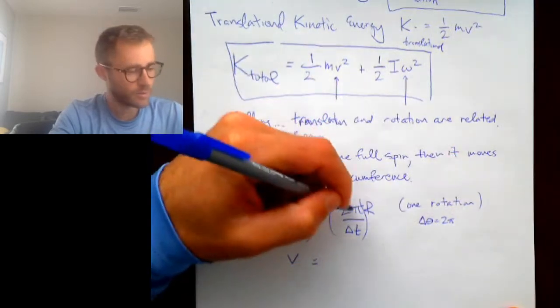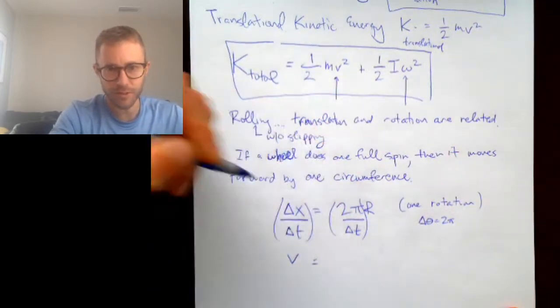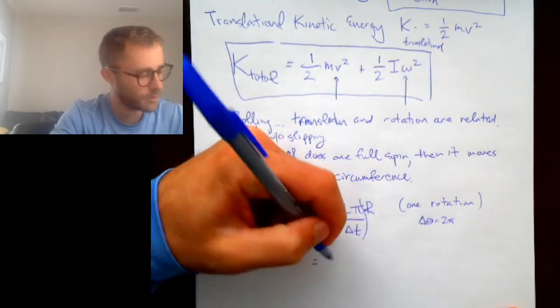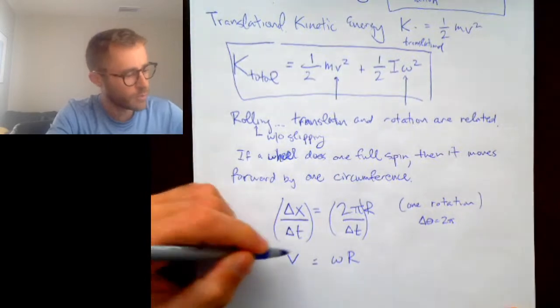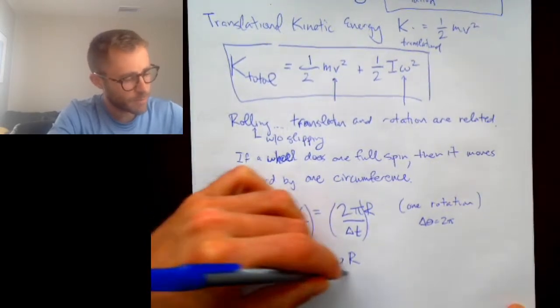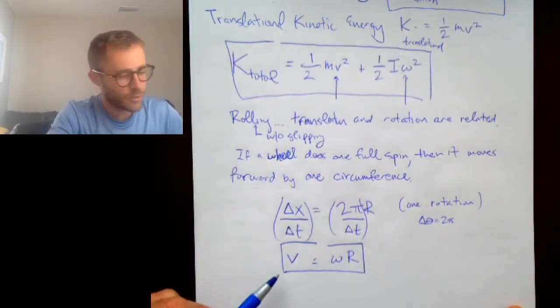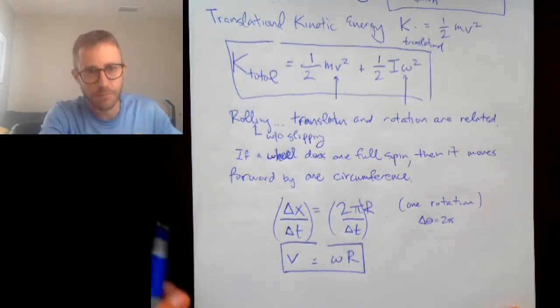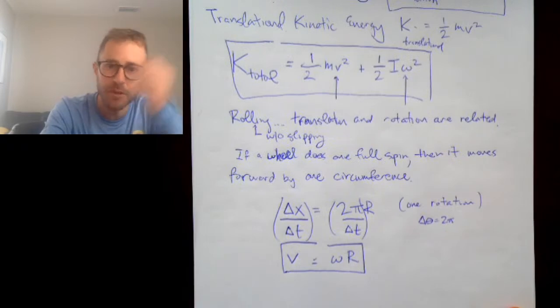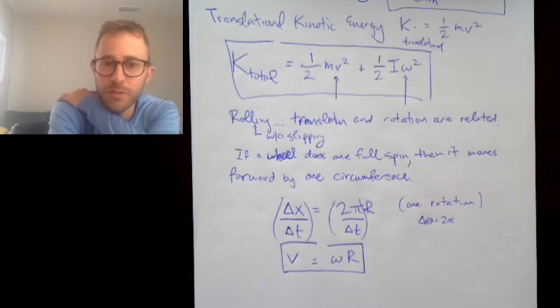Okay, so this is delta theta over delta t, so that's omega, the angular speed. All right, so when something is rolling without slipping, its linear speed is related to its angular speed.